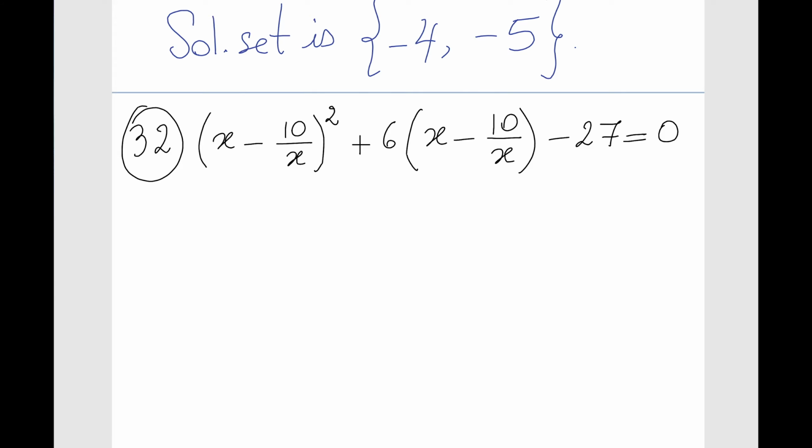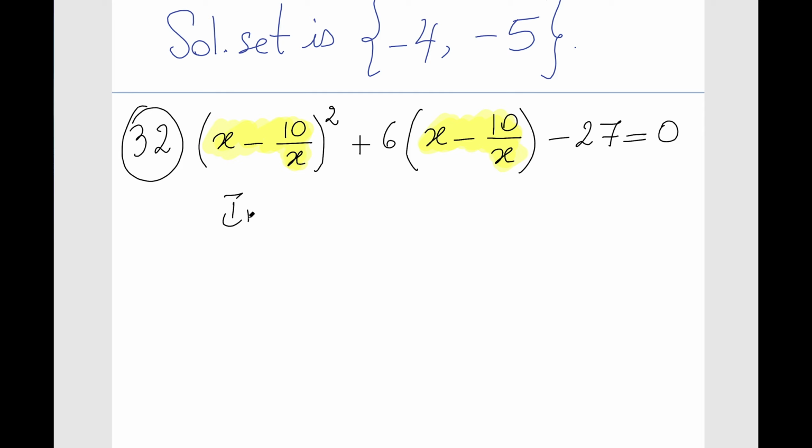So again, by now you should see that this is quadratic in form. If you realize that this expression and this expression are the same, and here it's the square of that expression, then this looks quadratic upon relabeling that expression.